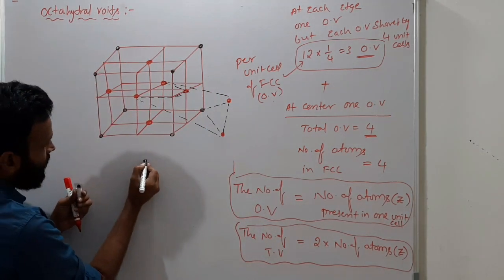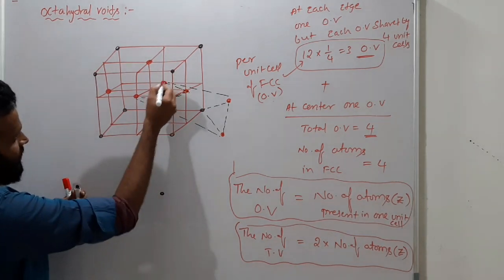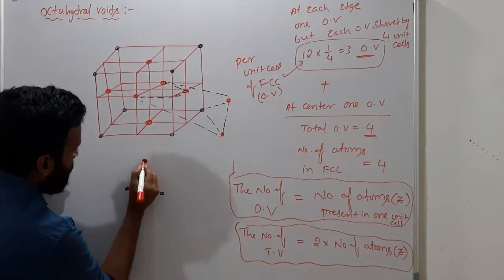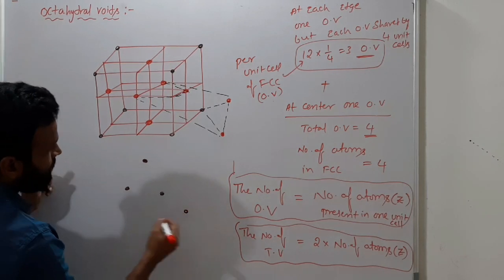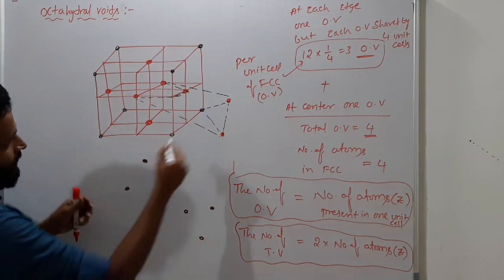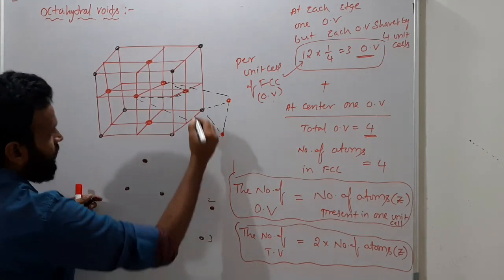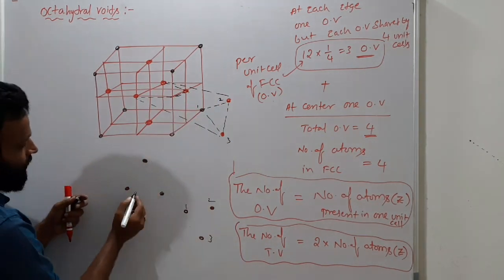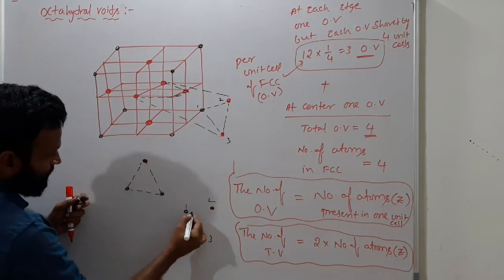Now I will draw like this: 1, 2 and 3. These 3 in red color. This one 1, 2, 3, in red color. And here this one and these two outside. So these 3 atoms, I will put a number here 1, 2, 3. Between these 3 and between these 3, you are having what? An octahedral void like this.